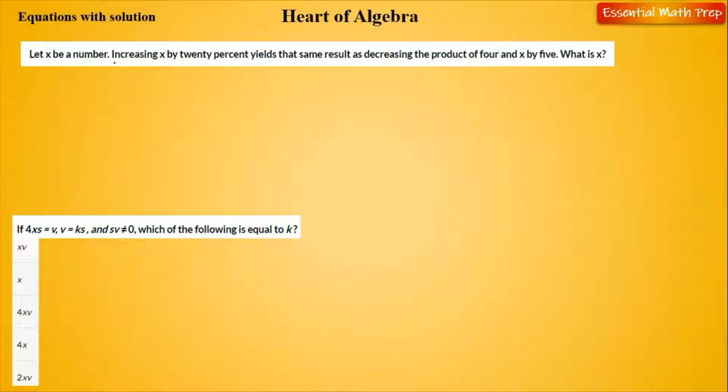So let's tackle the first portion, because there are two parts to it. We are increasing x by 20%. So if x is increased by 20%, that means x plus x times 20%. That's what it literally reads.